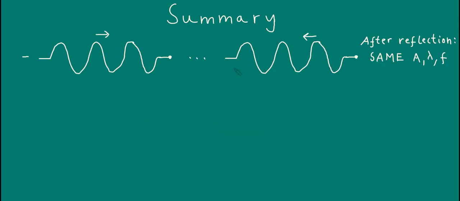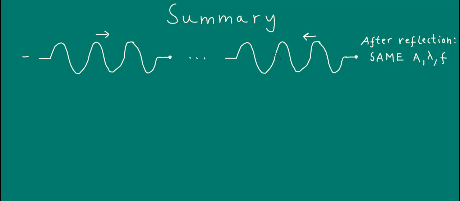At the beginning of the video, we examined what happens when progressive waves travel towards a fixed end. This dot here represents a fixed end which cannot move. We found that the waves reflect back in the opposite direction, so these waves move back to the left after reflecting.